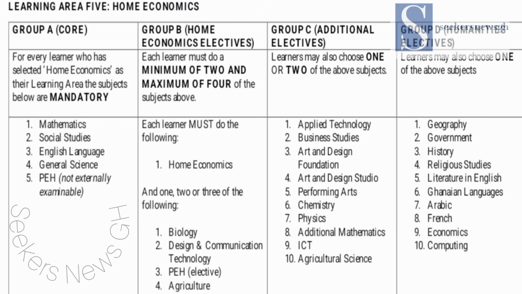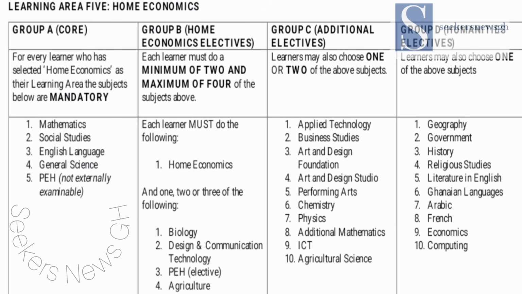Then 1, 2, or 3 of the following: you can choose to do biology, design and communication technology, PEH, that's physical education and health elective, then agriculture. Then when we come to group C, you can choose 1 or 2 of these, which is applied technology.